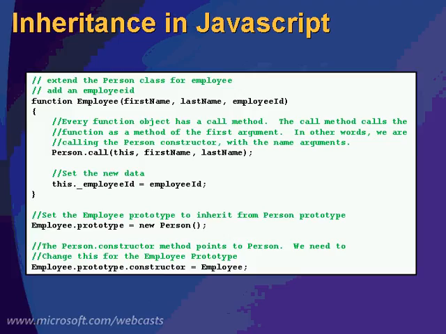So I can call this person constructor as a method of this, which is my current object, right? And so in this case, what we're really doing is calling this person constructor, passing it this, so it's running under our context, so it now has access to these variables. Okay? And so I'm able to call this constructor, and that's really the first step in implementation inheritance inside of JavaScript.